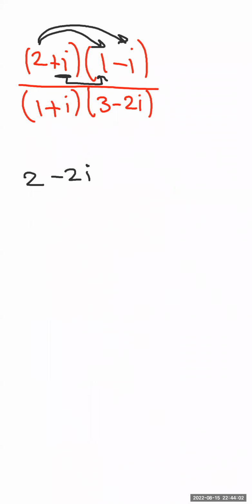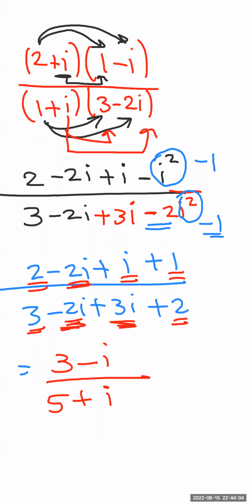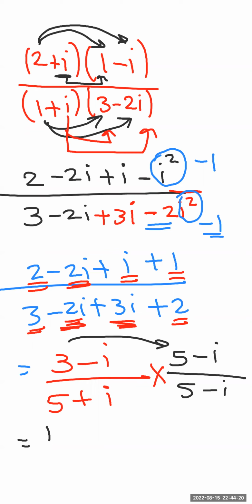Now, guys, we have to continue. There's an imaginary or complex number in the denominator, so we have to multiply by the conjugate of the denominator, 5 plus i, so times 5 minus i over 5 minus i. Now, 3 times 5 is 15. 3 times negative i is negative 3i.